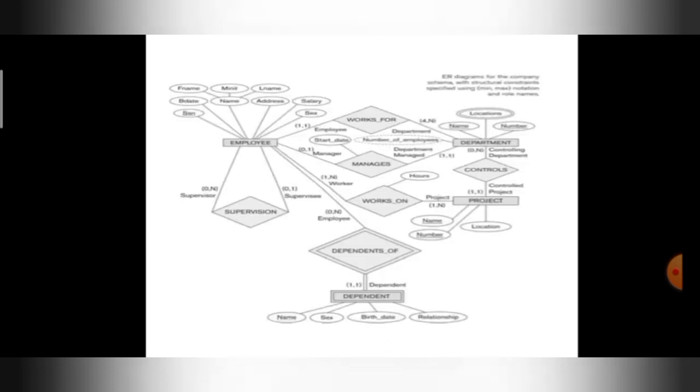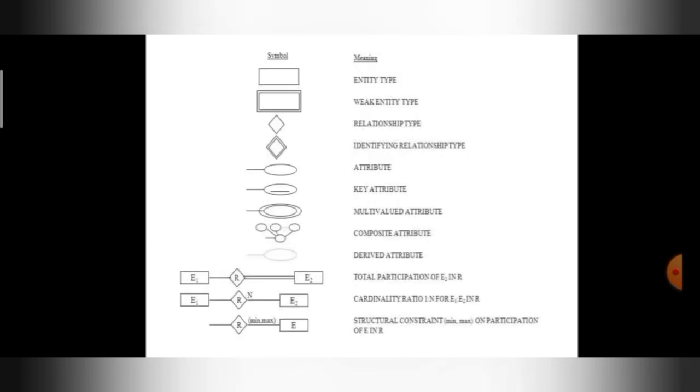These types of cardinality ratios can be represented using brackets. You can represent the cardinality ratio within the brackets, right? Or else you can represent the cardinality ratio near the relationship, the rhombus, also, right? So these are the notations you are going to use to write the ER diagrams, right?